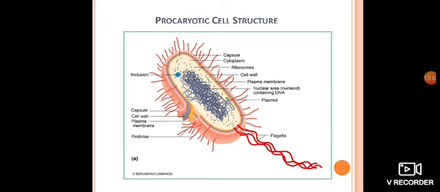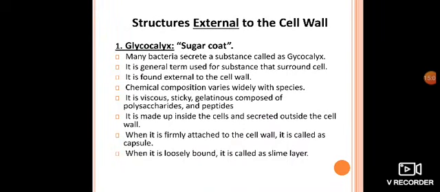All those points we already discussed in prokaryotic and eukaryotic cells. Now we are concentrating on the specific structure of the cell wall, because the cell wall is very important in consideration of any cell. After staining the cell wall, we can easily identify the cell.